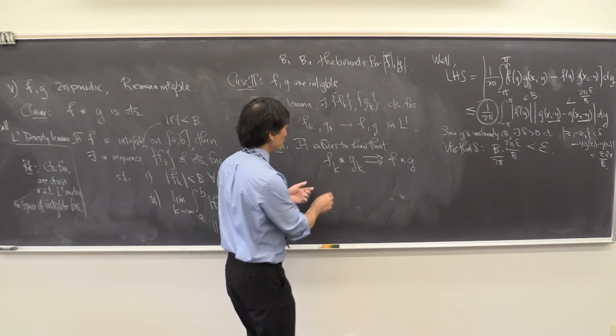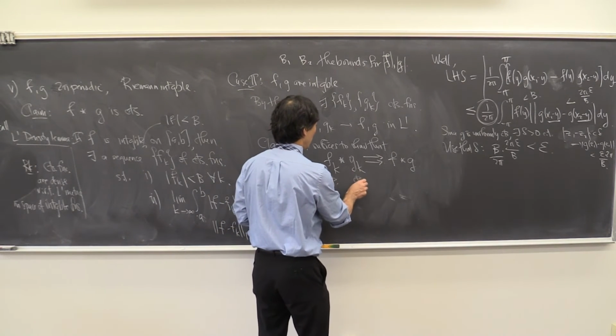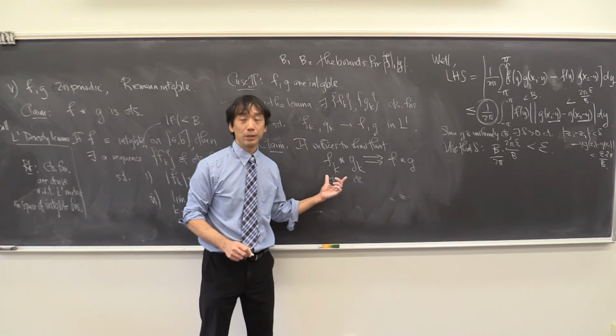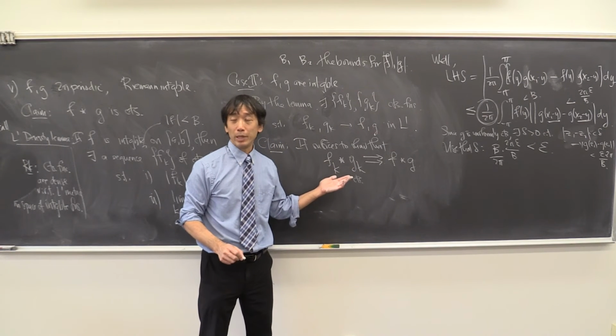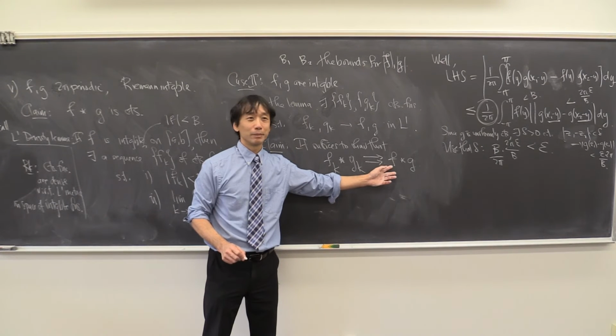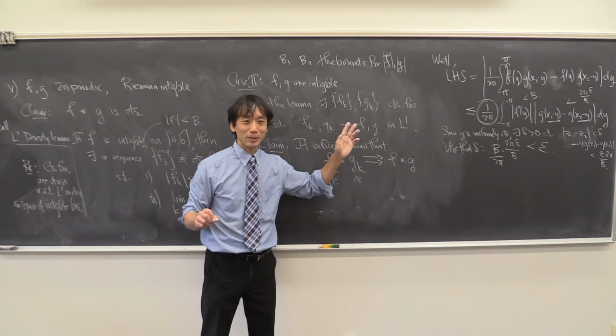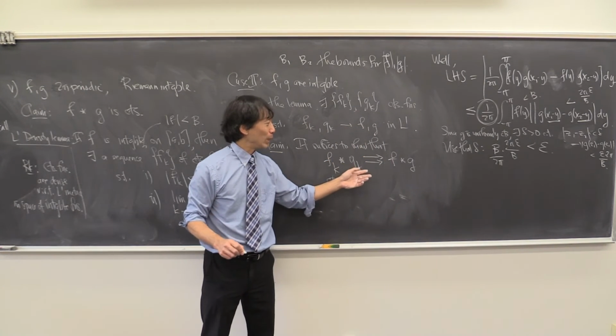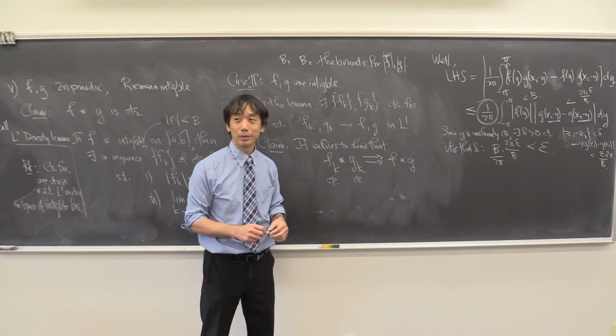Right, so each of these guys is continuous. Why does that give us that this is continuous? Take 10 seconds and write something down. Why does it suffice to show?